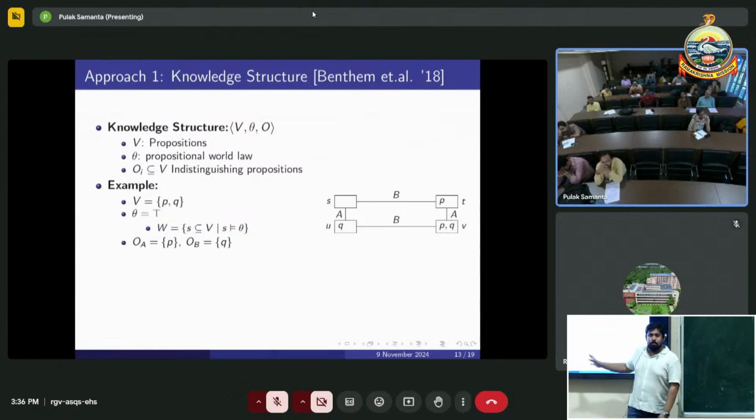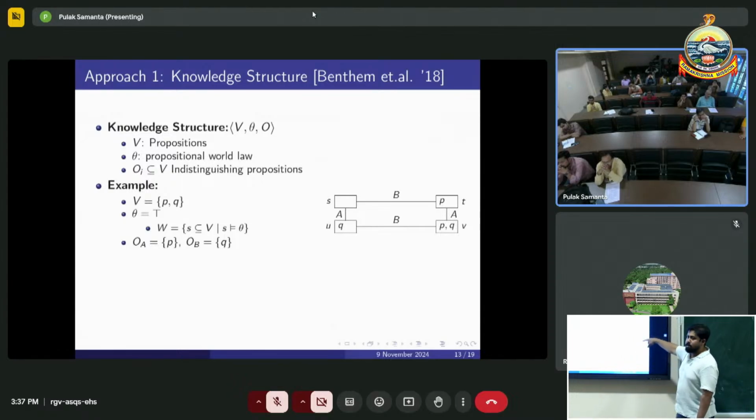Now O_A and O_B: here it is telling us that A can observe the proposition P, which means A can distinguish the valuations of P. Since O_A is P and O_B is Q, as you can see, the possibilities that A cannot distinguish among have common valuations of P. Here both of them have P false, here both of them have P true. Similarly, if O_B is Q, it means B can distinguish what value Q holds.